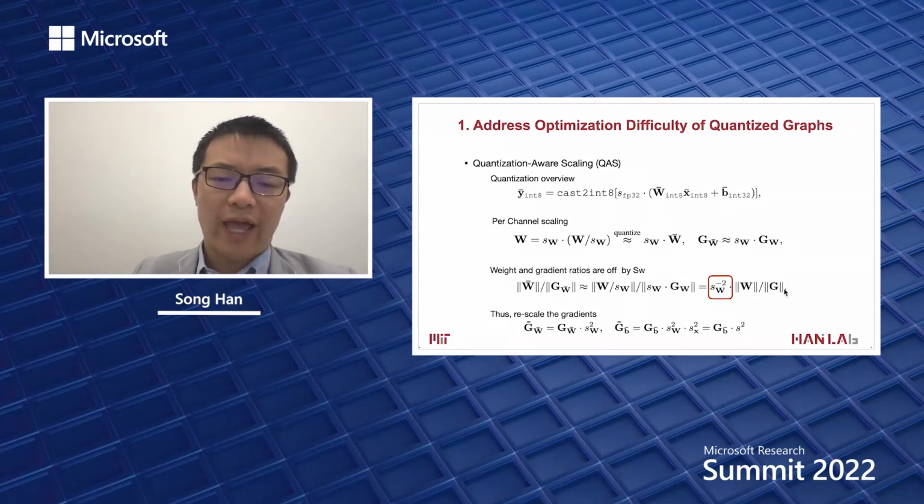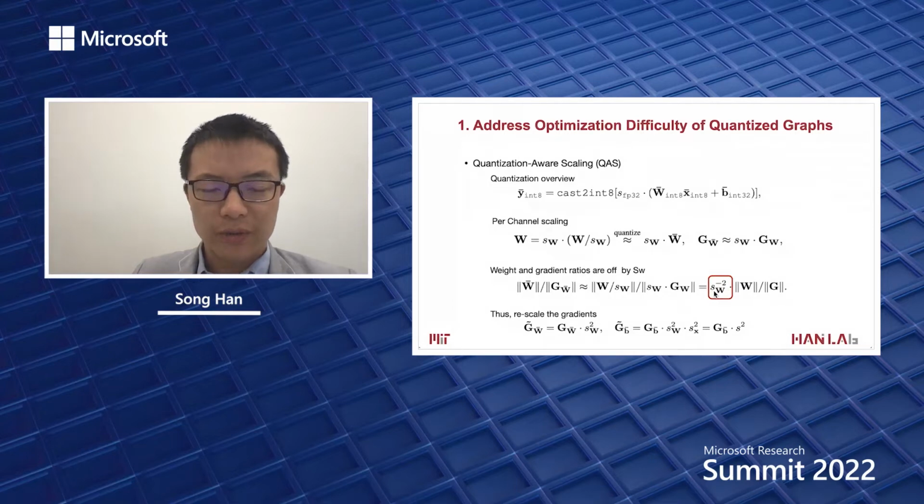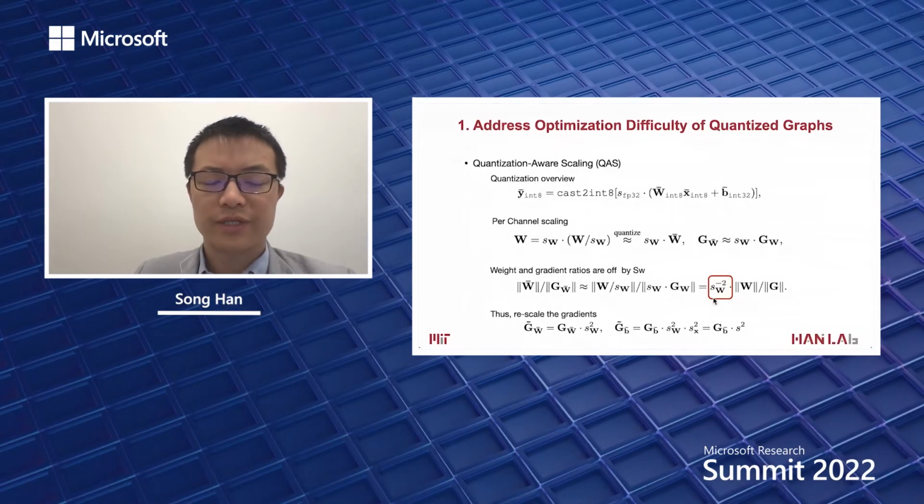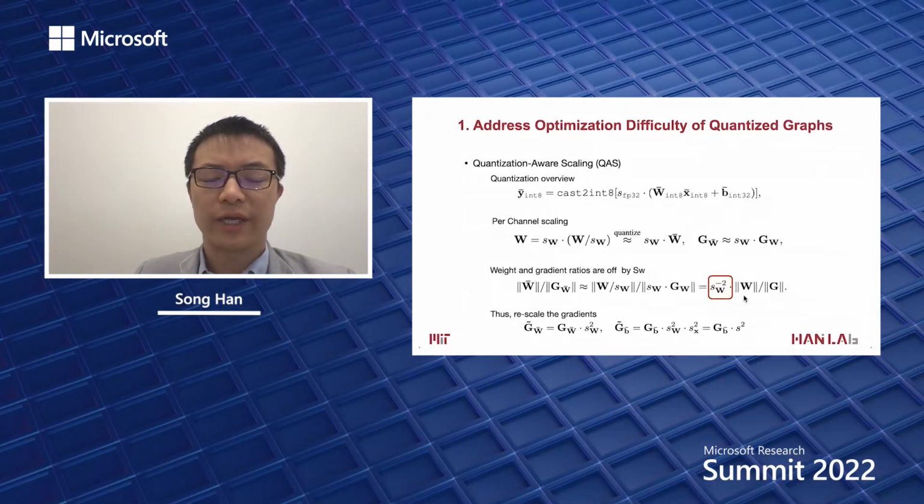So after quantization, there is a term due to the chain rule: the scaling factor to the power of minus 2. Since the scaling factor is different for each channel and for each layer, this makes the training highly unstable. It perturbs this ratio between W over G.